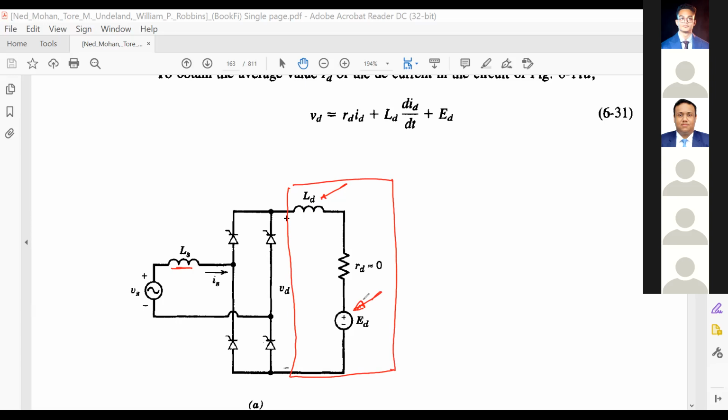Step motor, synchronous motor, induction motor, or DC motor? This side is known as the DC side, right? Yes, sir, it is a DC motor. And look here, this is armature inductance. What is this then? Back EMF.